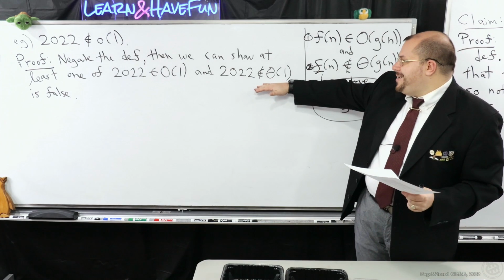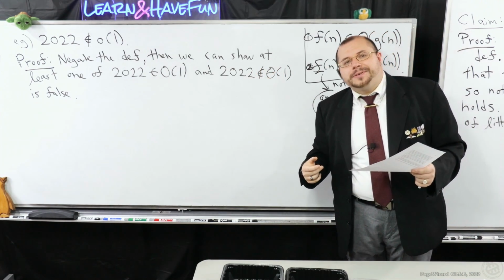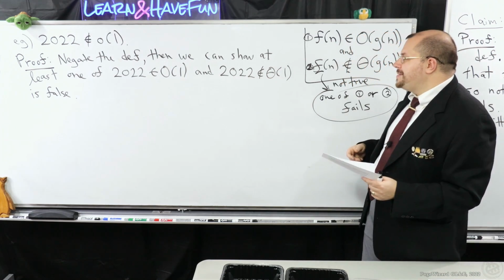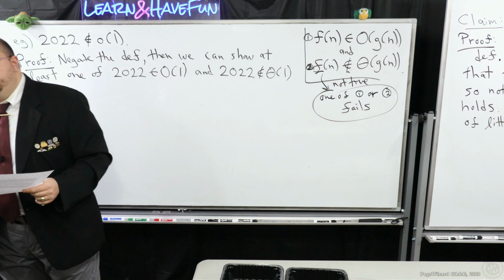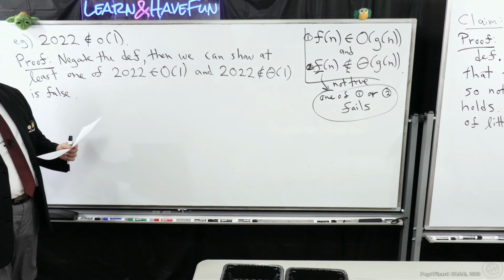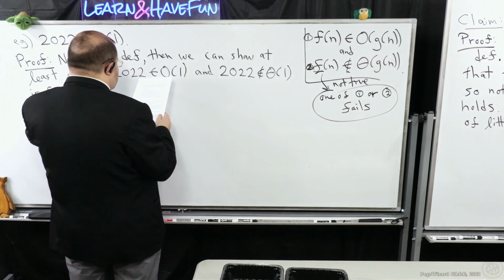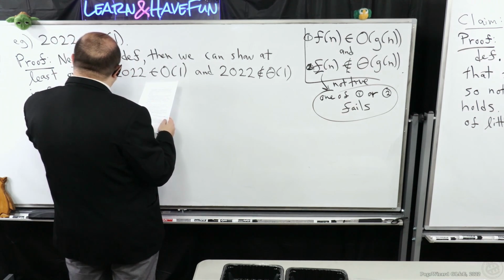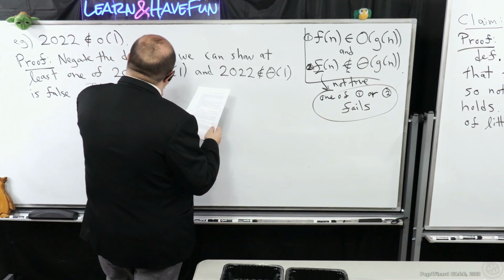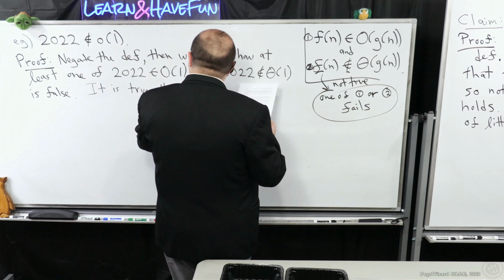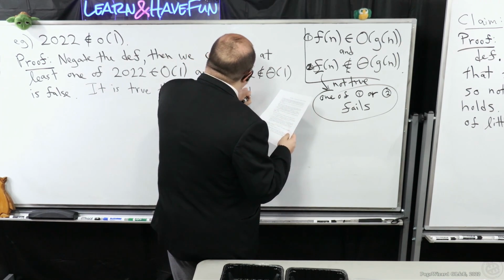It's this one right here. If you wanted to refute this claim, what would you do? You're trying to show that 2022 is big theta of 1. So I'll say, it is true that 2022 is big O of 1.